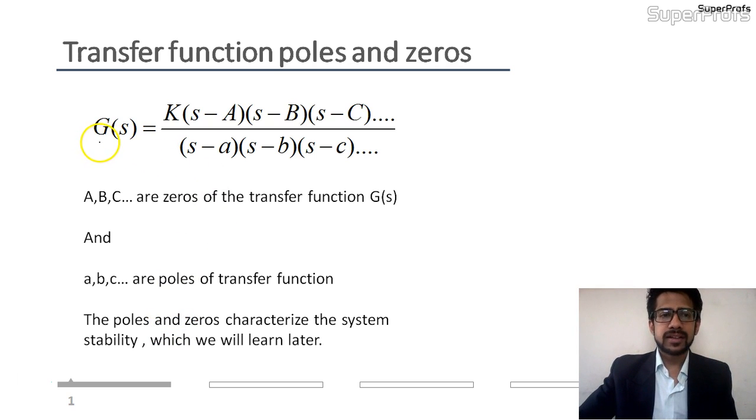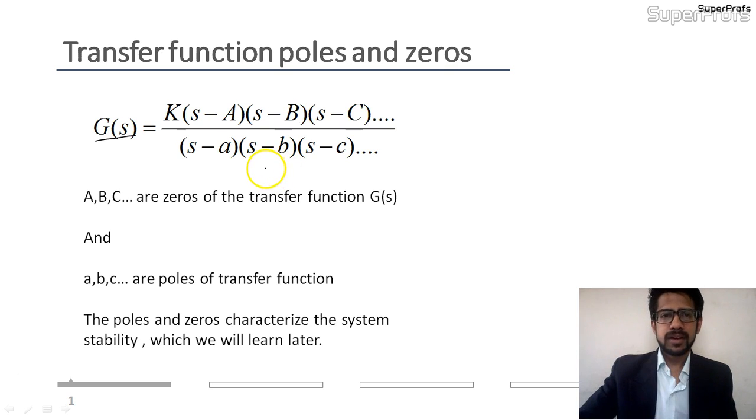Let us look at this particular term, G(s). G(s) is given as K times (s minus A) times (s minus B) times (s minus C) and so on, divided by (s minus a), (s minus b) and (s minus c) and so on.